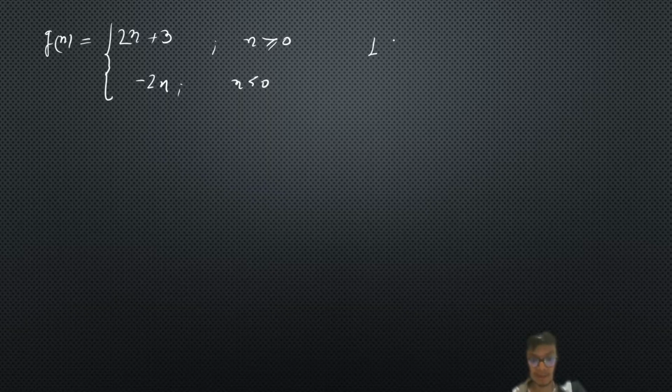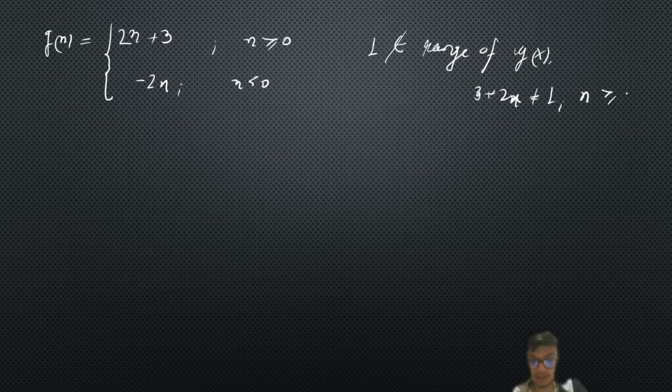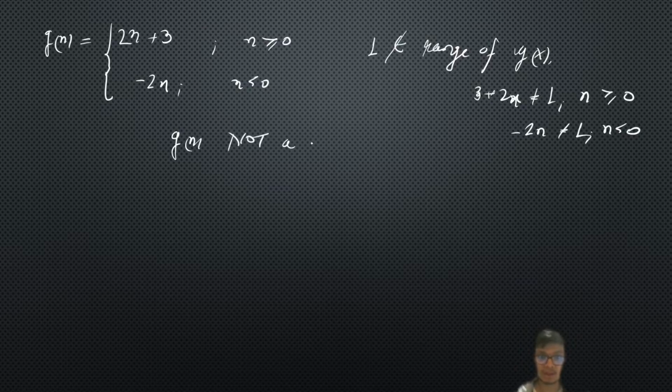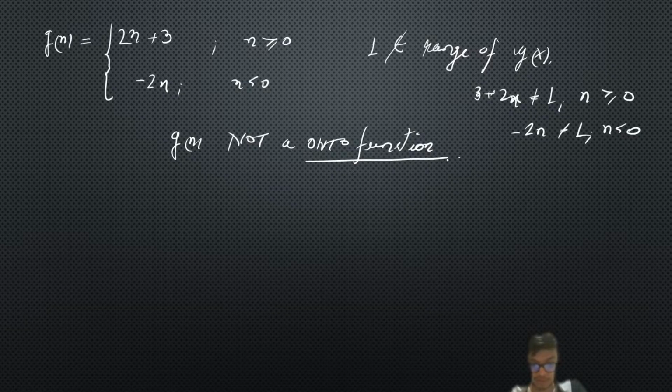And if you notice, 1 does not belong to the range of g of x, as 2n plus 3 is not equal to 1 for n greater than or equal to 0, or similarly minus of 2n also cannot be equal to 1 as n is less than 0. So therefore g of n is not an onto function.